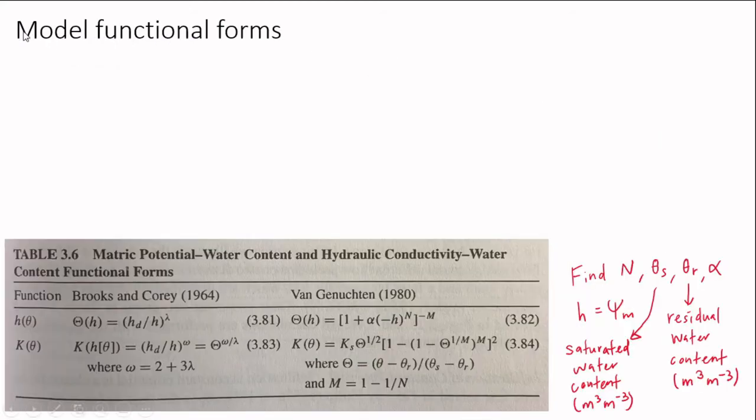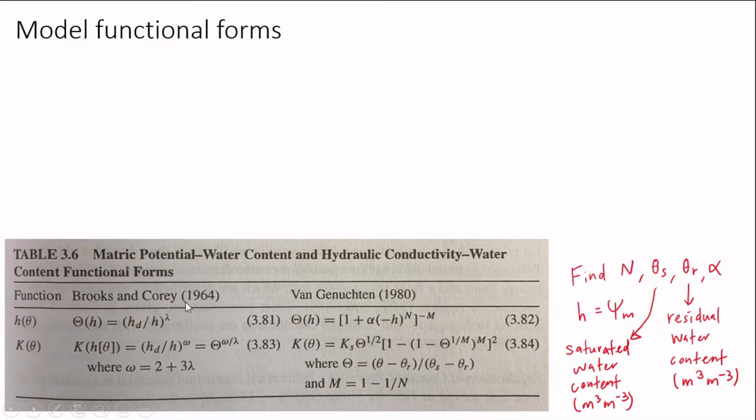Okay, so let's look at the model function forms. It is called model function form, or sometimes constitutive functions, or also known as supporting equations. You see we have these equations: matric suction as a function of water content, and unsaturated hydraulic conductivity as a function of water content.